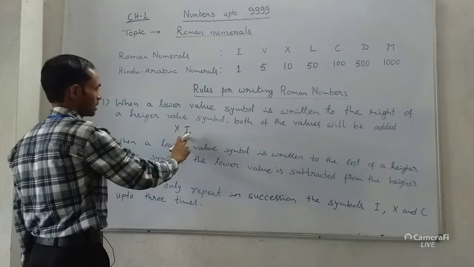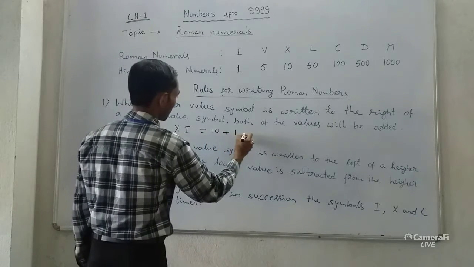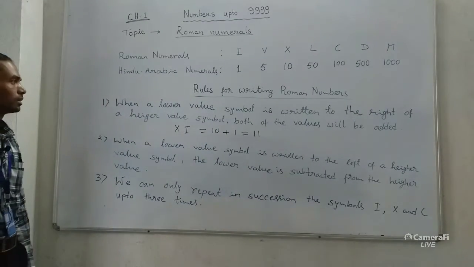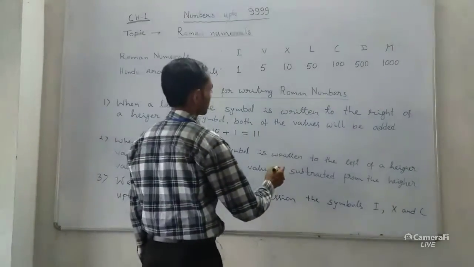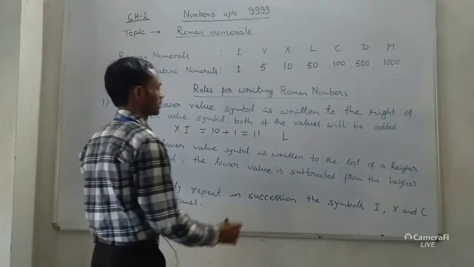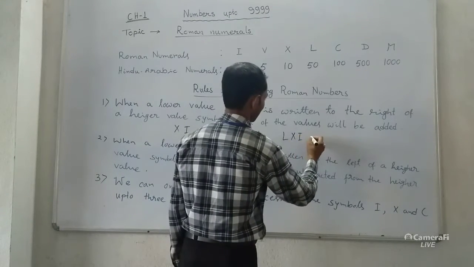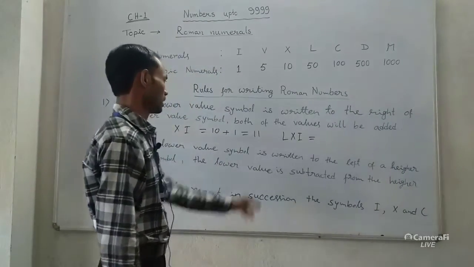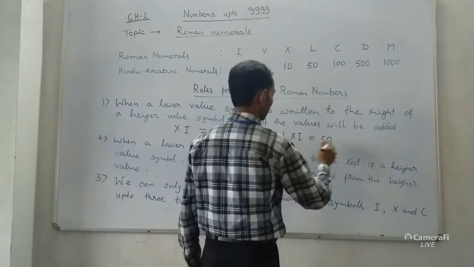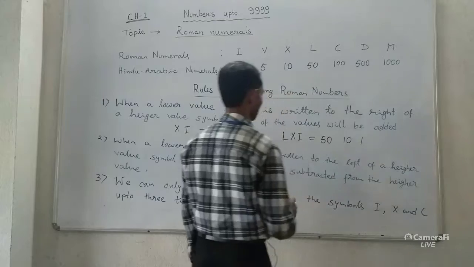So XI means the value of X, 10, and the value of I, 1, will be added and we get 11. In this way, suppose we take L, X and I. L means 50, X here is 10, I is here 1.